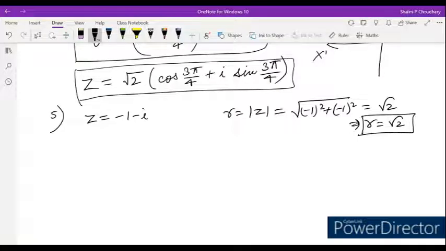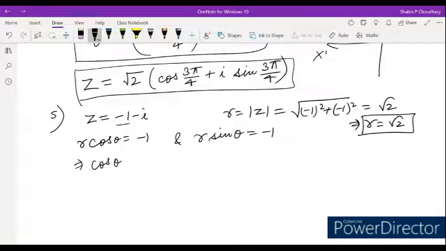Now we have to find out theta. So this is the value of x, and r cos theta is equal to -1, and r sin theta will be equal to -1. Okay, and r is equal to √2, it means cos theta will be equal to -1 upon √2, and sin theta will be equal to -1 upon √2.